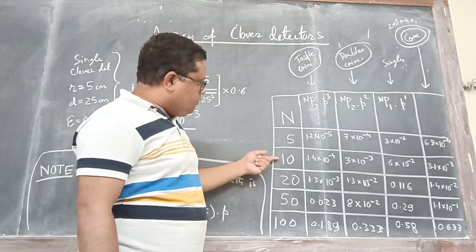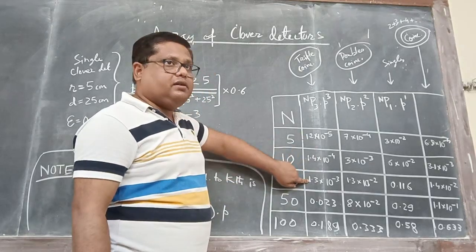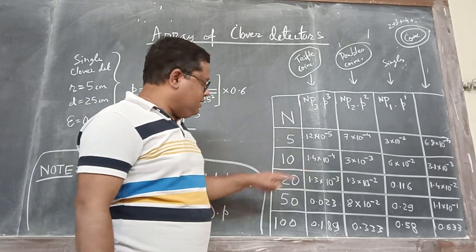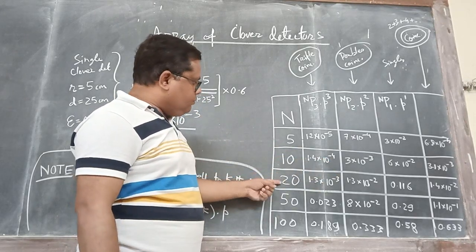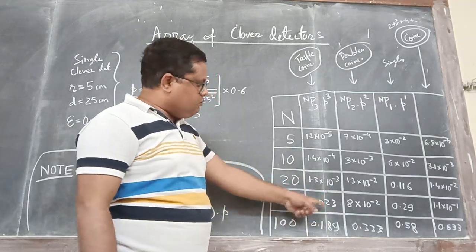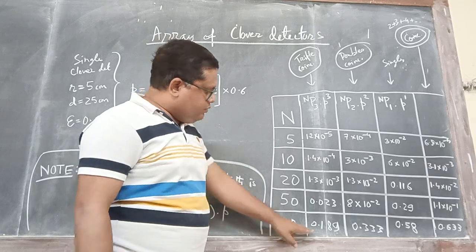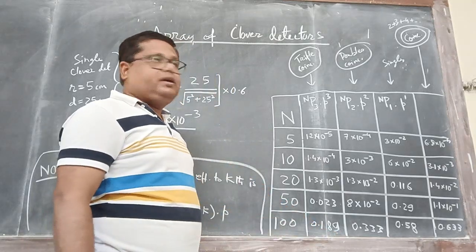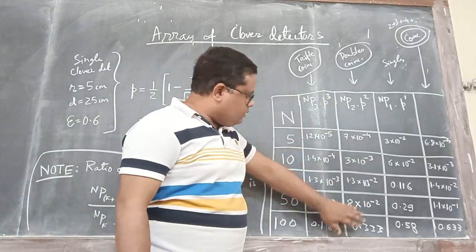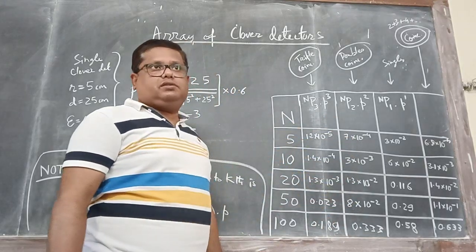Again, when we jump from 10 to 20, again a jump of 10, 1 into 10 to the power minus 3. Next, when we jump from 20 to 50, you get, what is this value? This is much higher, right? And again for 100, we have got this 0.189. You see the same trend, but a larger value is observed for the double coincidence.